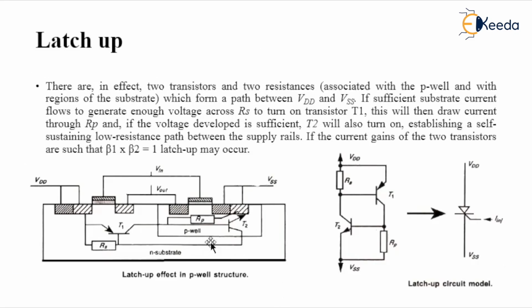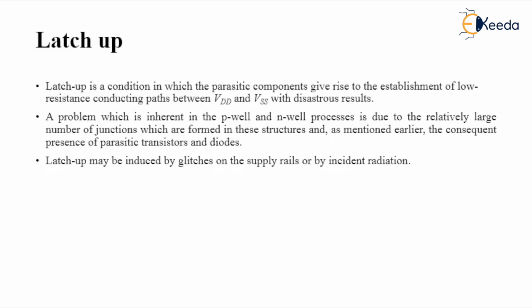If you see this picture, this is our CMOS transistor with the P well process. This is a P well process of CMOS, where I am going to use an N type substrate. As I said, latch up is due to the parasitic components, and that gives rise to a low resistance path between the two supply rails VDD as well as VSS, and it will make faulty readings or disastrous results.